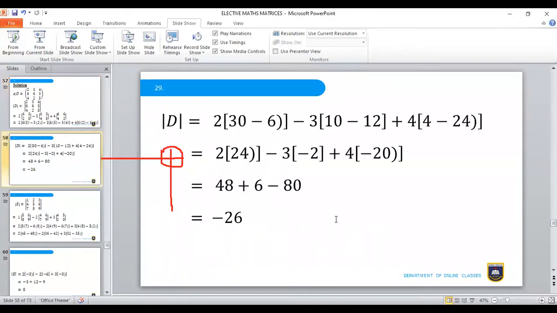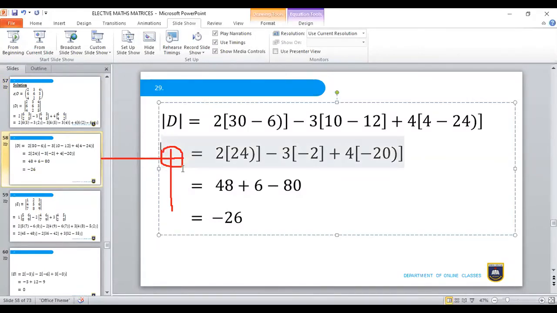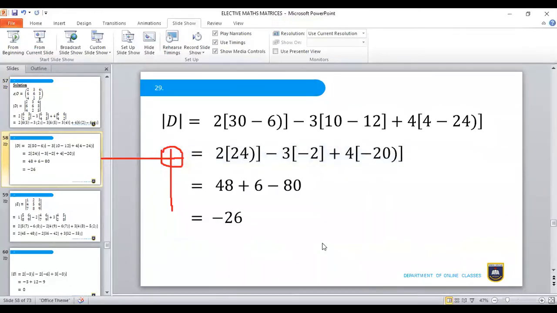So if you go through the process, you'll get negative 54. Did you get it? Yes, please. All right. So we go to the second one.